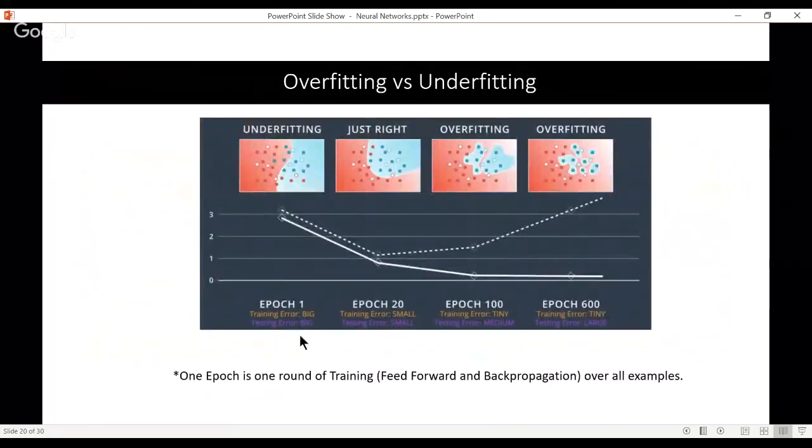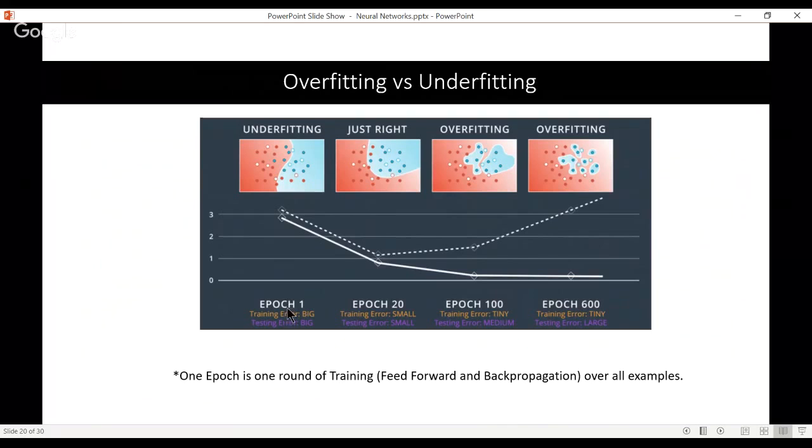So how do we test that? You obviously have a training error that you compute on training data, and you also test your trained network on testing data. And you can see these 4 scenarios here. An epoch is one round of training, feed forward and back propagation, on all examples.